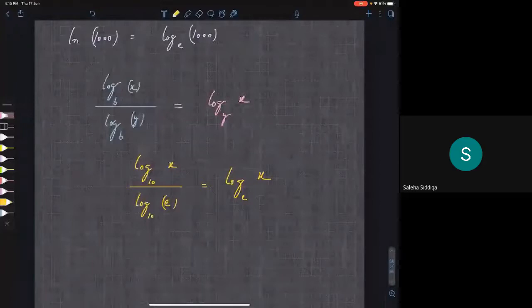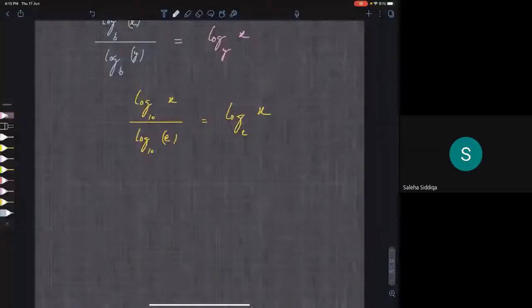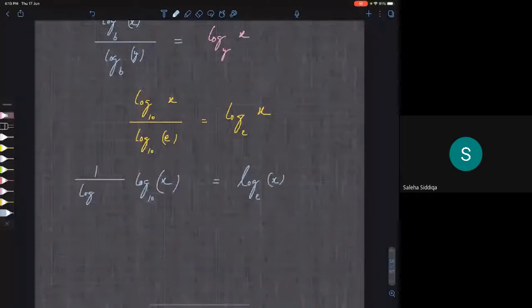Okay, fine. Now, according to this, can I say that log x to the base e is equal to log x to the base 10 into 1 by this number, log 10 to the base e? Do you agree?